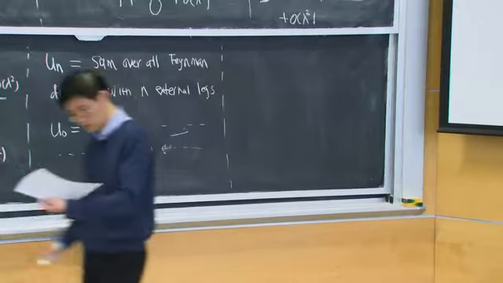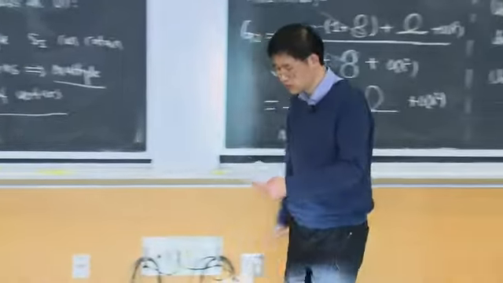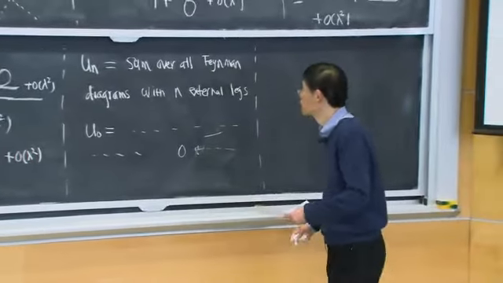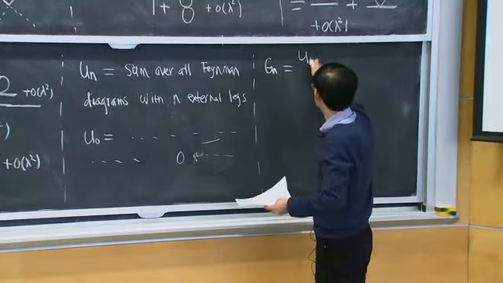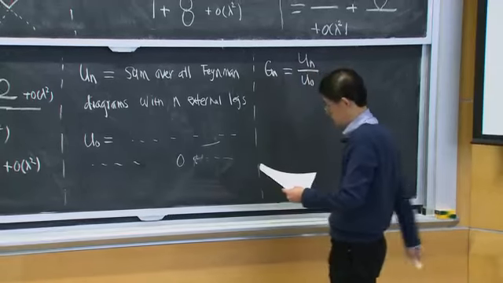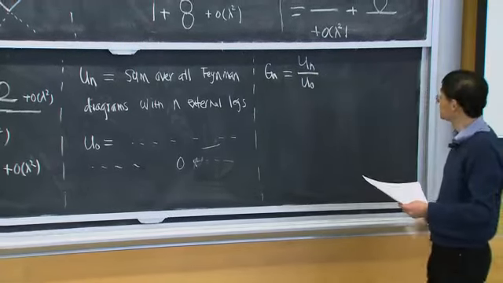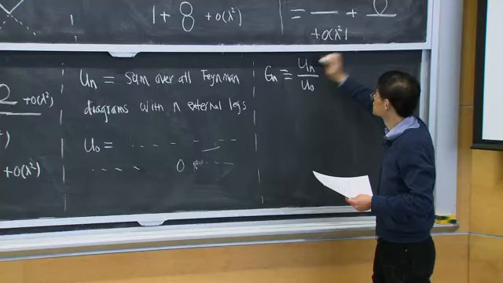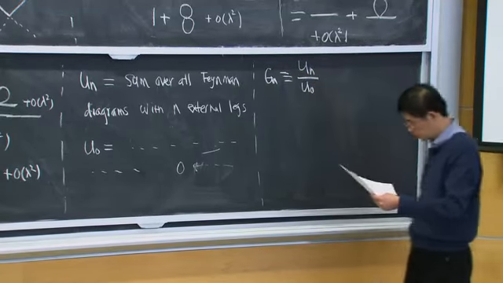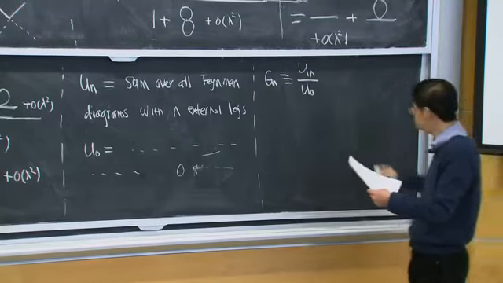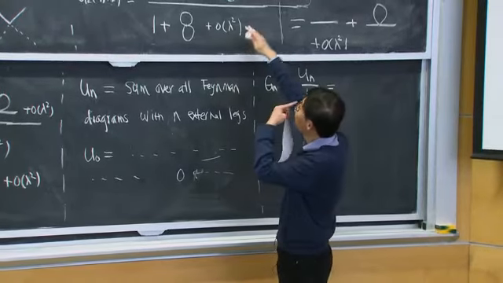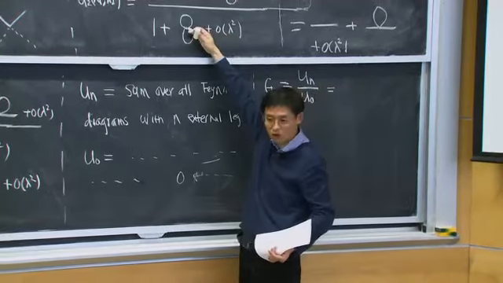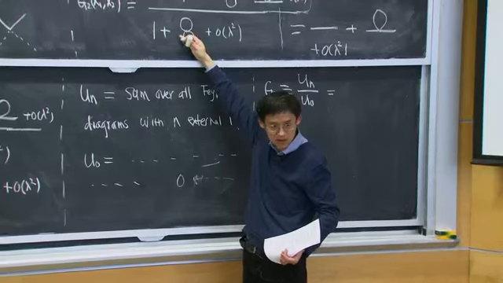Then you can show in general that G_n is just equal to U_n over U_0, as we wrote there. You can show that to all orders, this downstairs can always cancel.